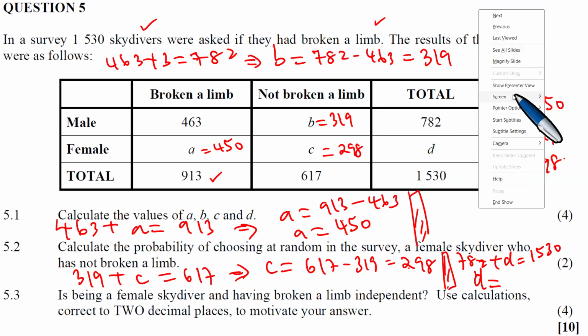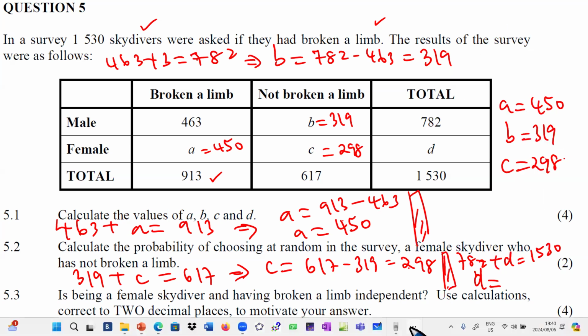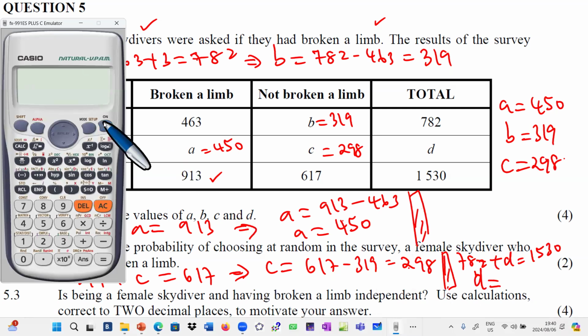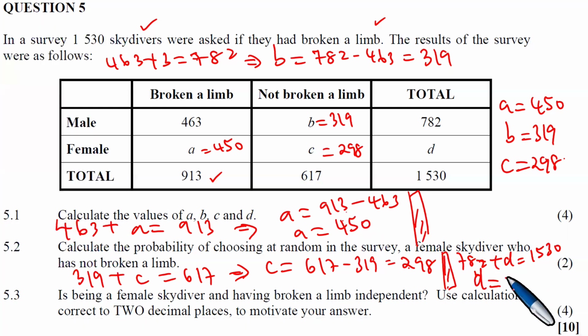Let us check the difference: 1530 minus 782 is 748. D is 748.